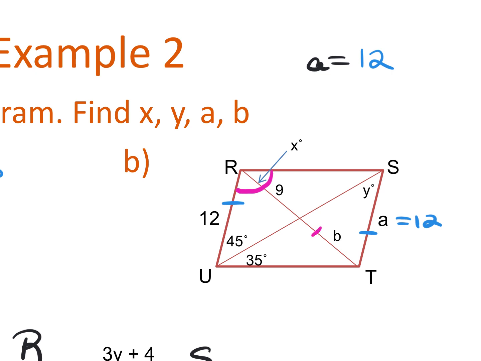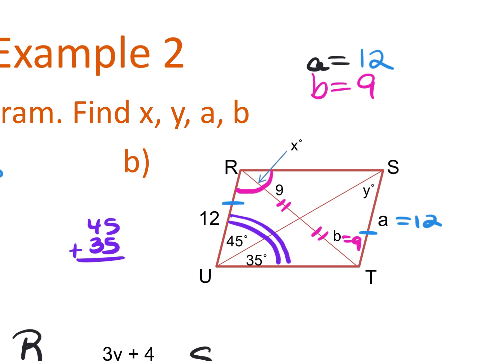And B is on the diagonal here. And I know that diagonals are bisected when it's a parallelogram. So B is going to equal 9. And now in order to find X, I need to add these two angles together. 45 plus 35, that's going to give me 80 for this whole angle together.